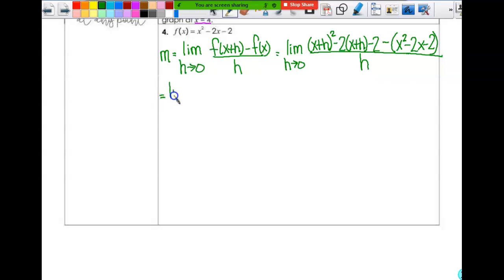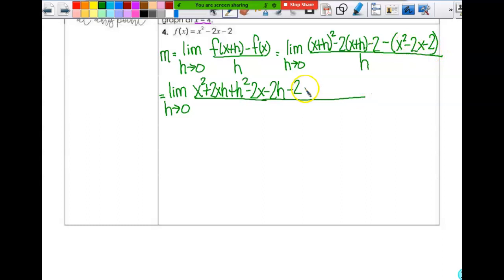So this equals the limit as h approaches 0 of, this right here does not give me x squared plus h squared. It gives me x squared plus 2xh plus h squared minus 2x minus 2h minus 2, and then change the sign on all of that, minus x squared plus 2x plus 2 all over h.